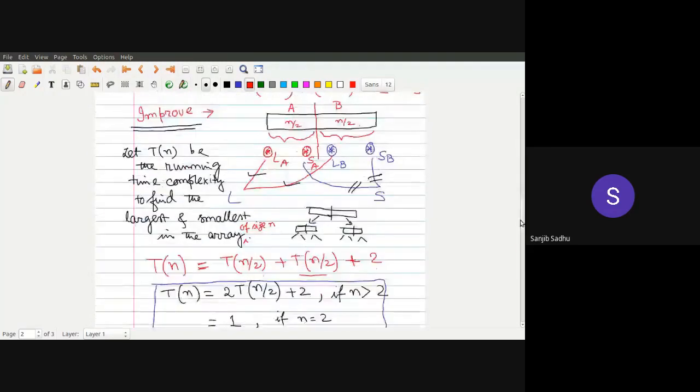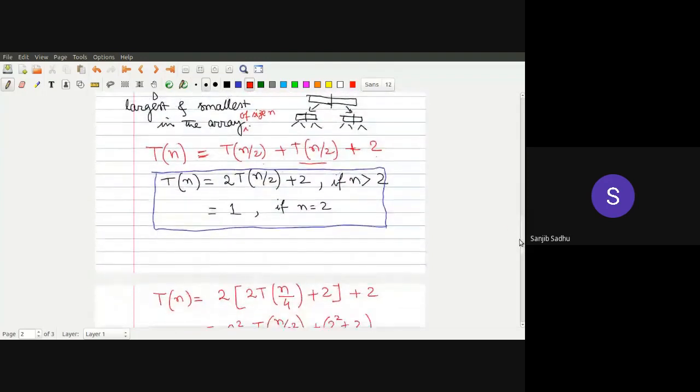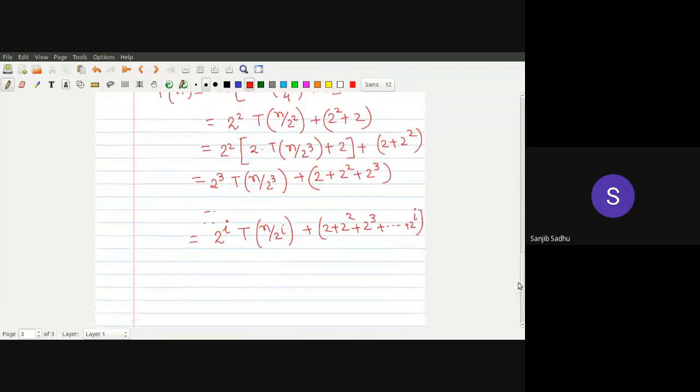So here you see, the terminating condition is that if n equals 2, then t2 will be 1. So I need to apply this: it will terminate when Tn by 2 to the power i should be 2.